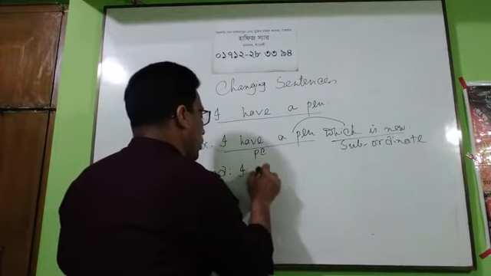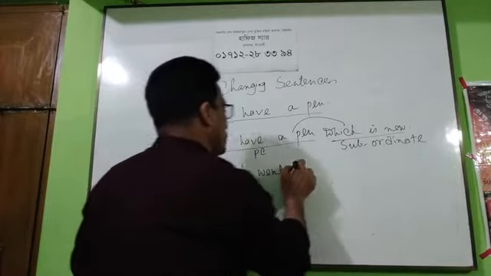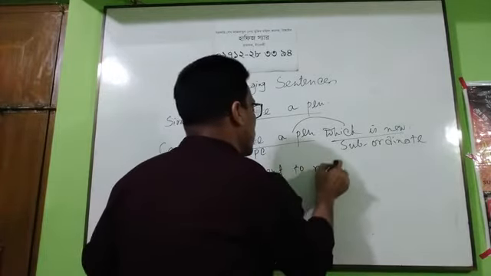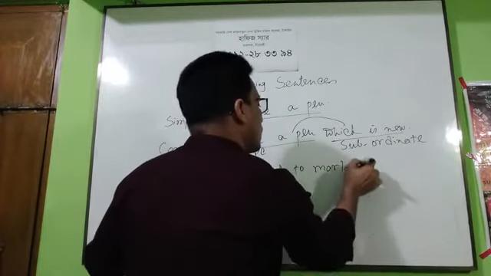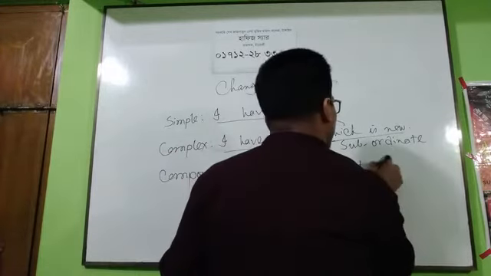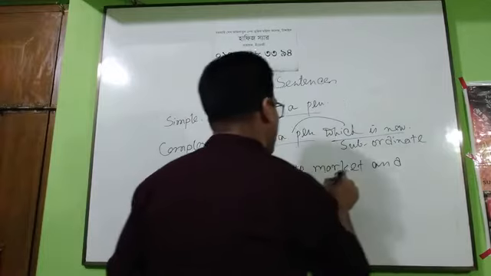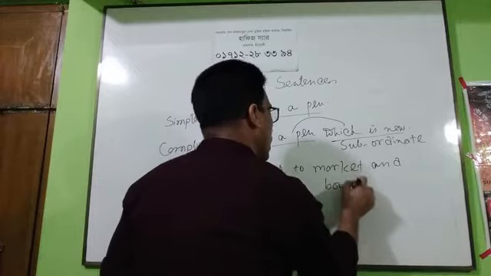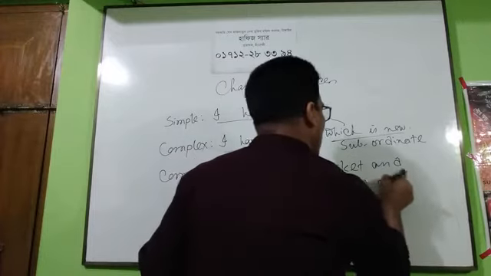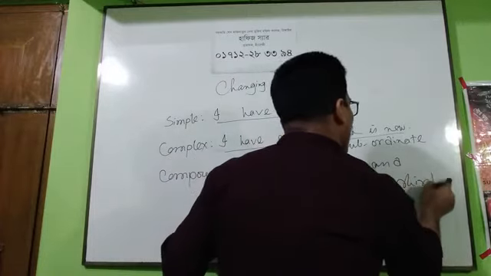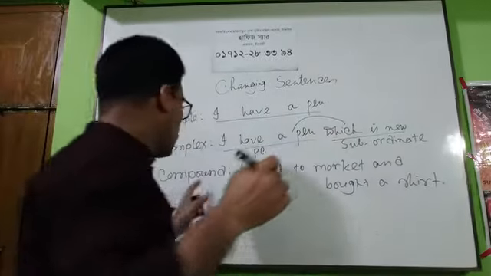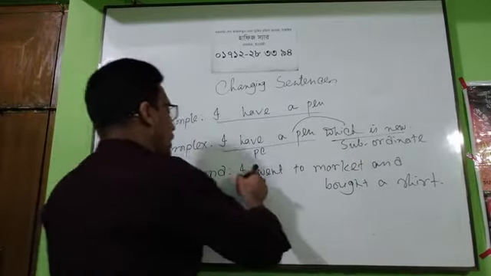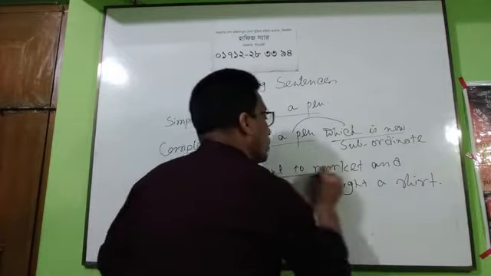I went to market and bought a shirt. Okay, dear students, it's compound sentence because it has two principal clauses.